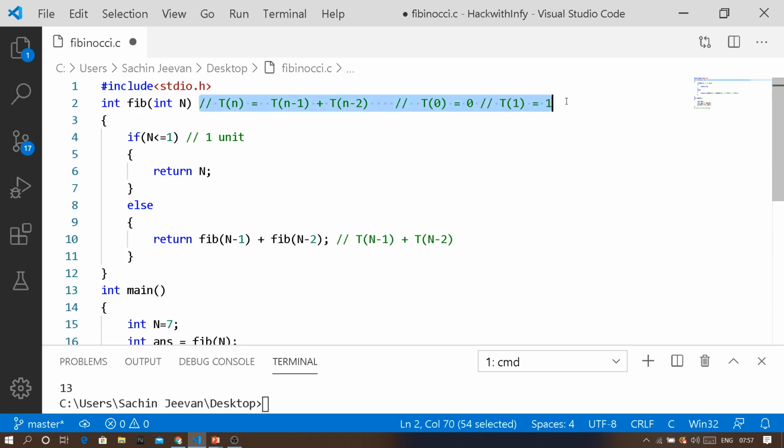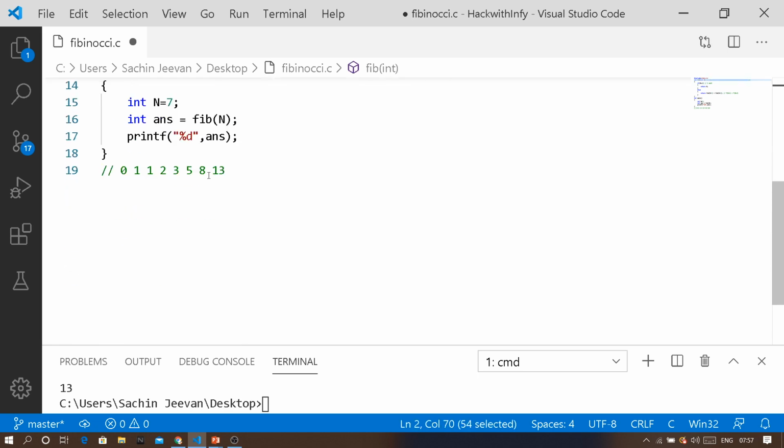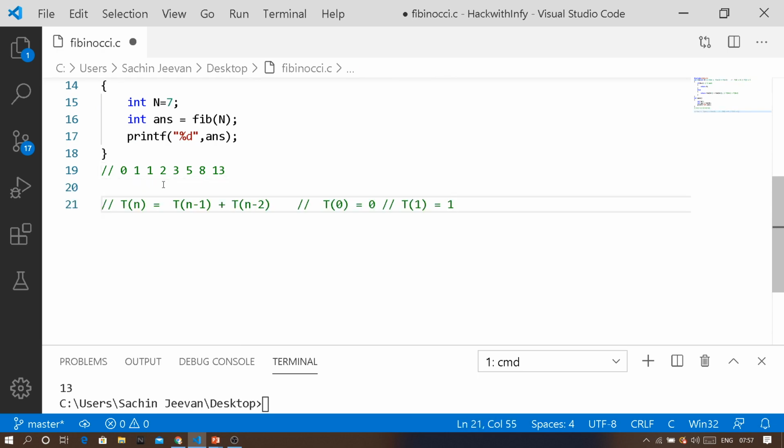Okay, so let us take this recurrence relation and try to solve it. I think I have already shown you the procedure for solving this kind of recurrence relation using the characteristic equation method. Hope you remember that.